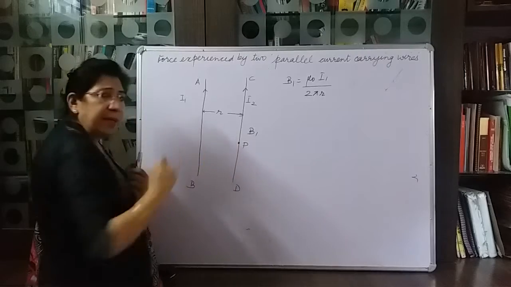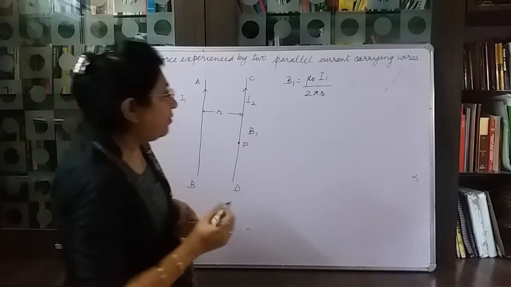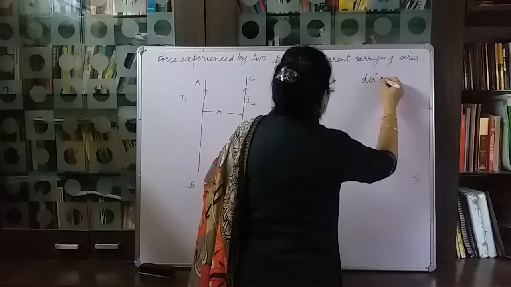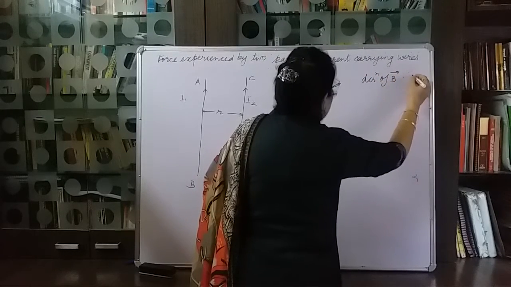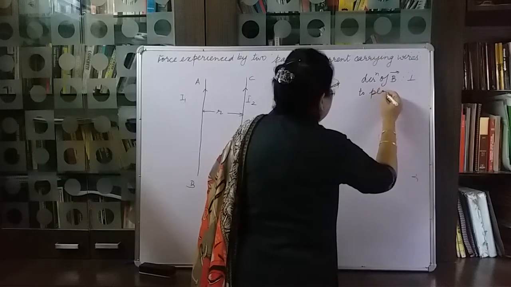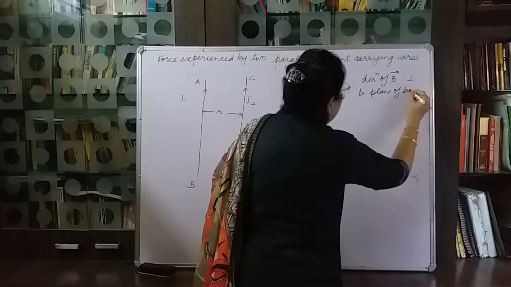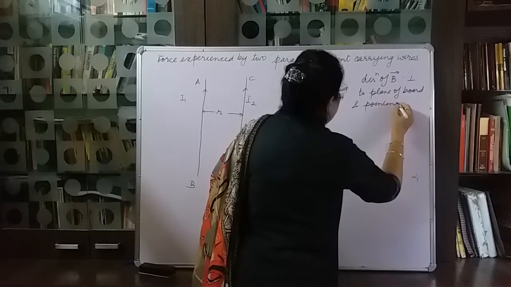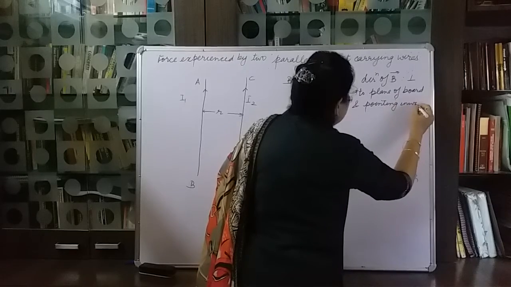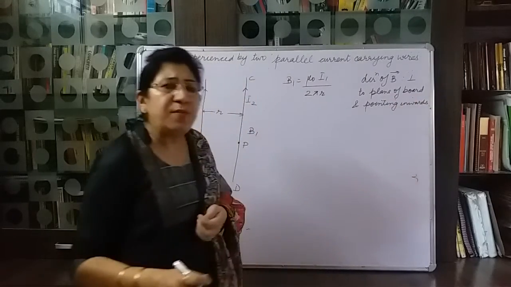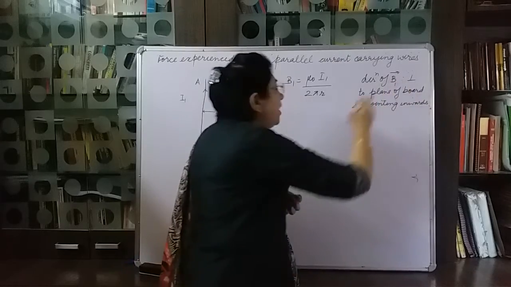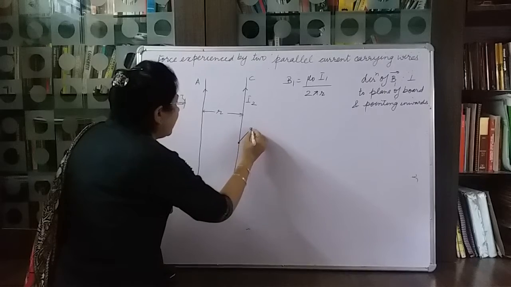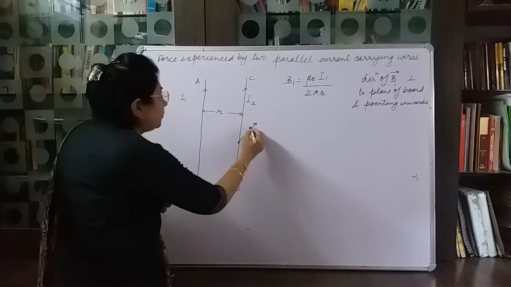So at point P, the direction of the magnetic field will be perpendicular to the plane of the board and pointing inwards. The direction of B1 is perpendicular to the plane of the board and pointing inwards. So the direction is like this, inwards.